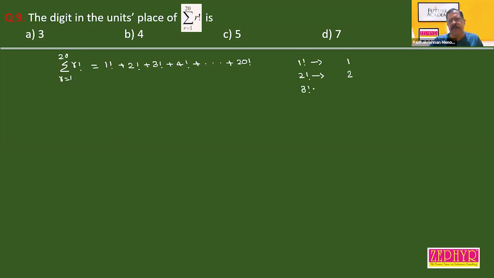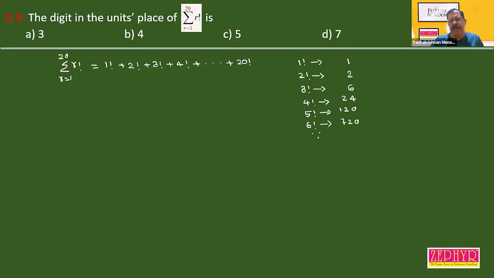3 factorial means 6. 4 factorial means 24. 5 factorial is 120. 6 factorial is 720.